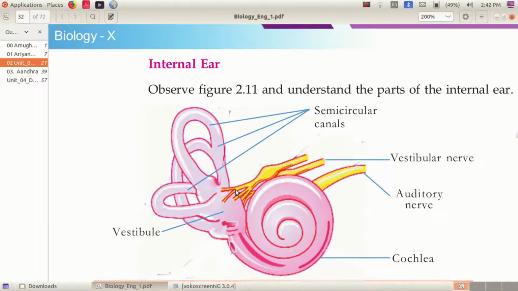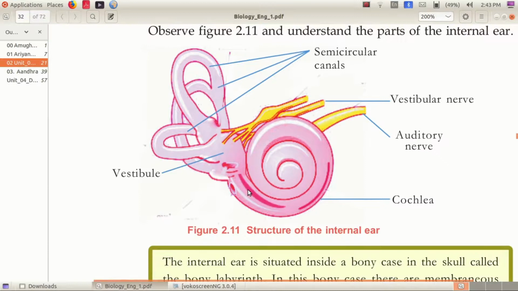In this bony case there are membranous labyrinths as well. So membranous labyrinths are situated in bony labyrinth. The space inside the membranous labyrinth is filled with a fluid called endolymph. And the space between membranous and bony labyrinth is filled with another fluid called perilymph.